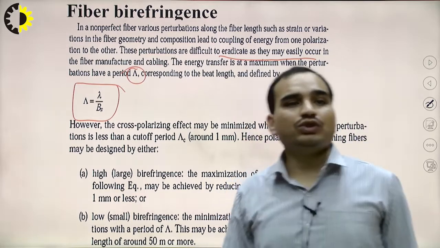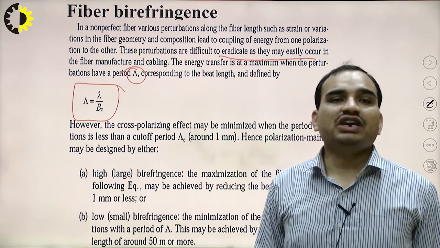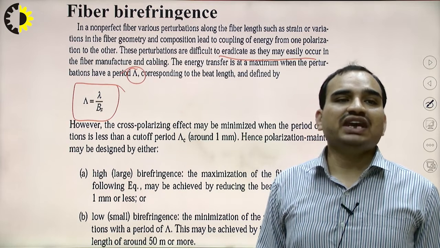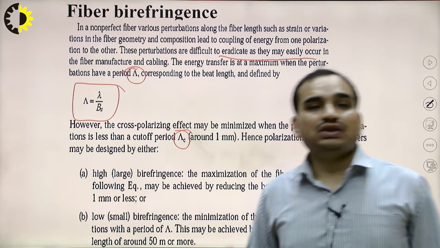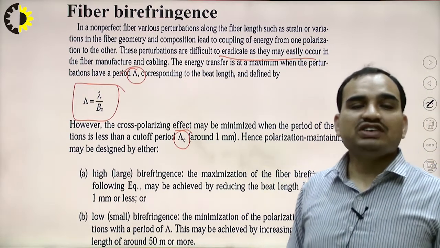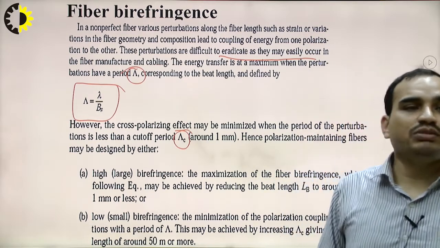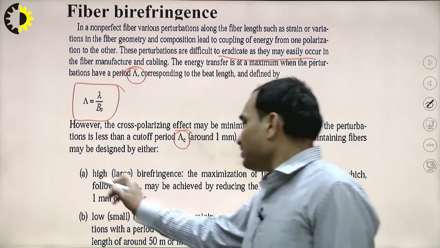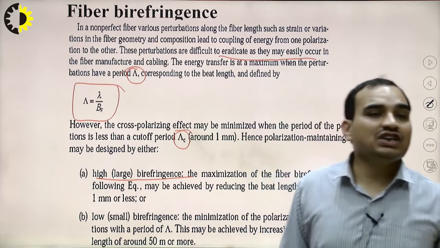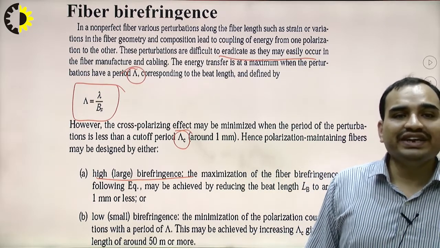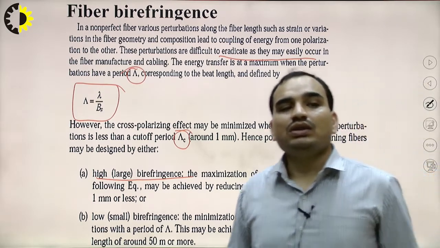However, the cross polarization effect may be minimized when the period of the perturbation is less than the cutoff period. So we have the cutoff period, and hence the polarization maintaining fiber may be designed with high birefringence, that is a maximization of the fiber birefringence, which may be achieved by reducing the beat length LB to around 1 mm.